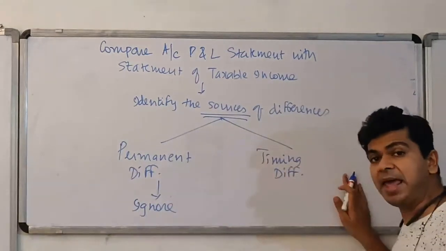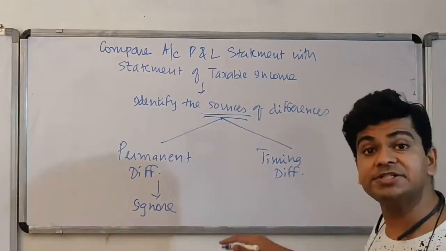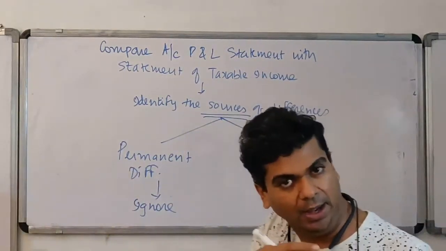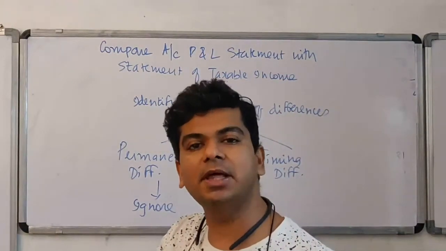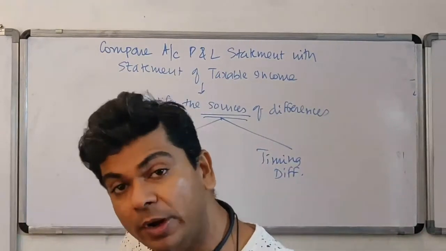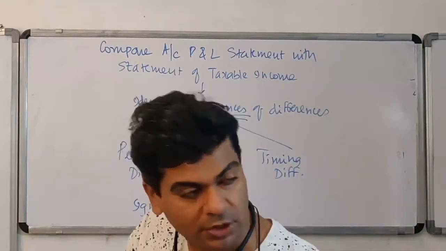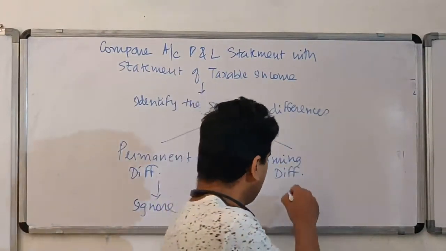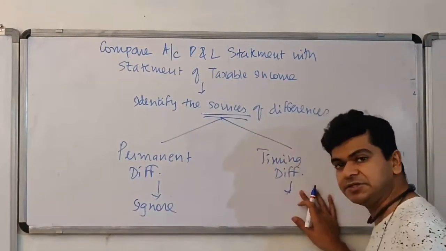On the other hand, you may have a timing difference. What's a timing difference? A difference that originates in the current period and will reverse itself in a subsequent period or periods. Timing differences should be considered by us.